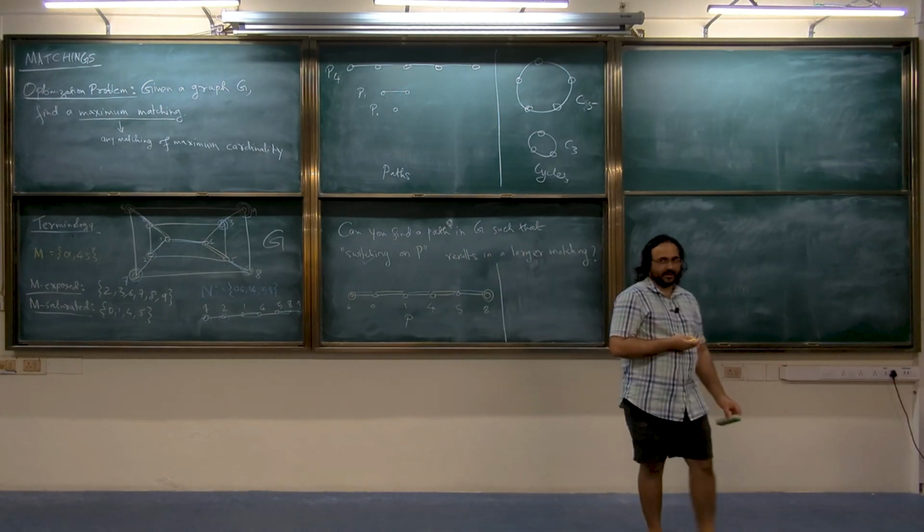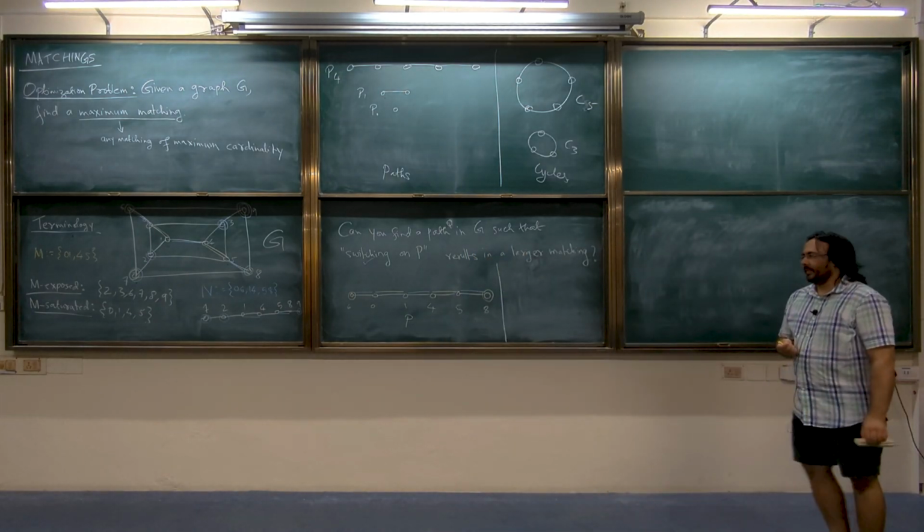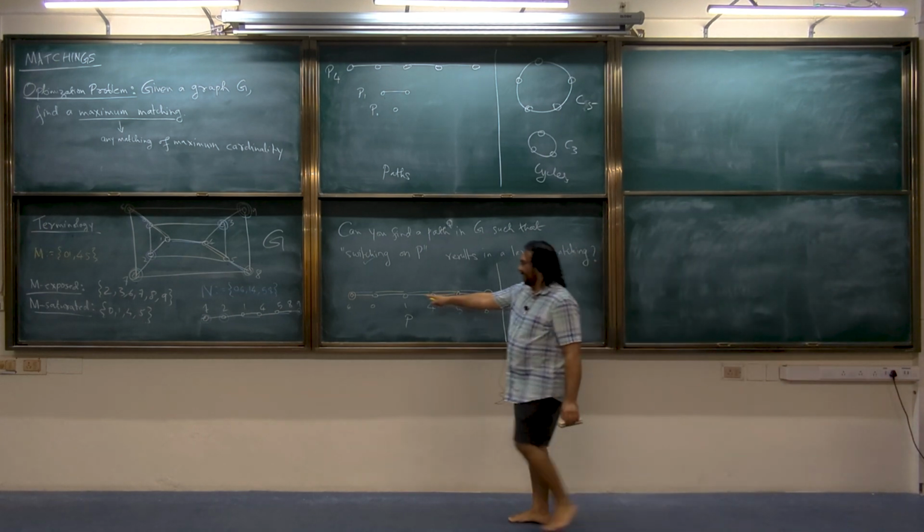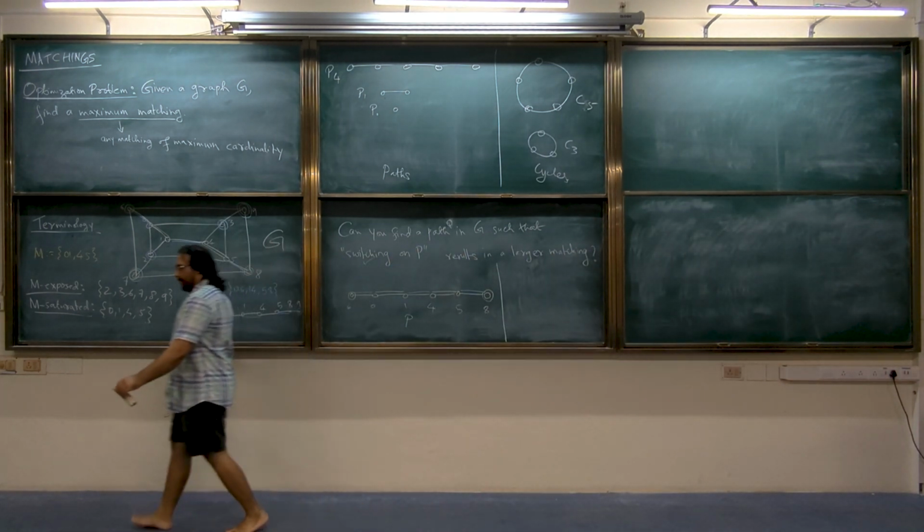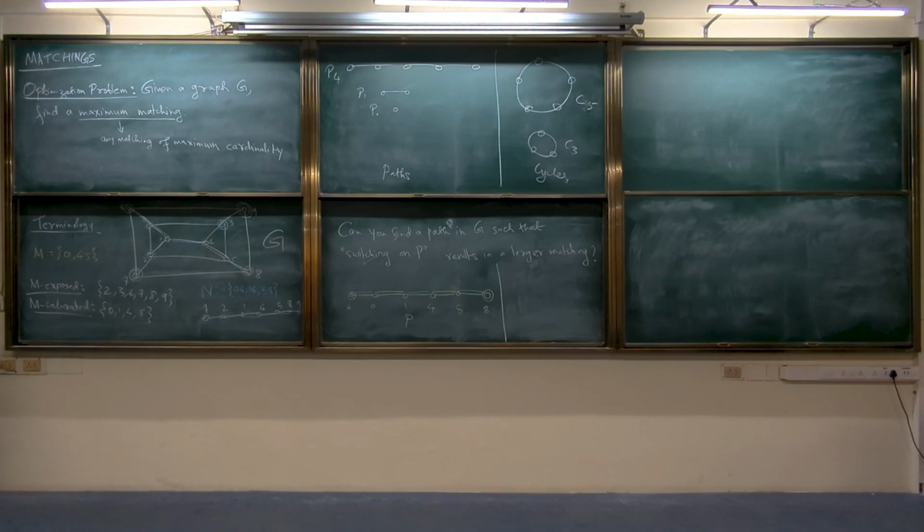Okay, you're almost there. Look at this drawing. How far is it from there? So shall we go with this or shall we do something else? Can you make it work? You're quite close.